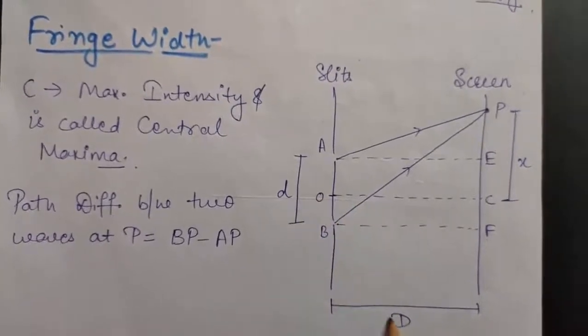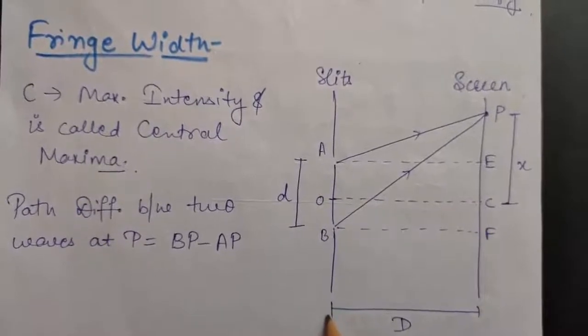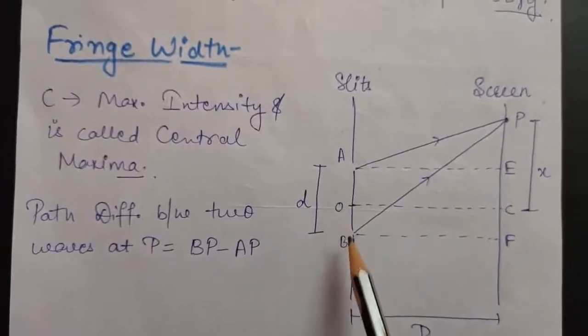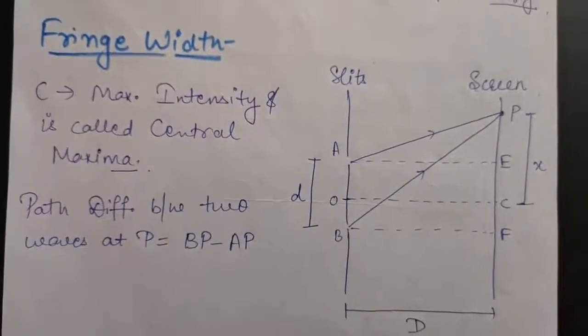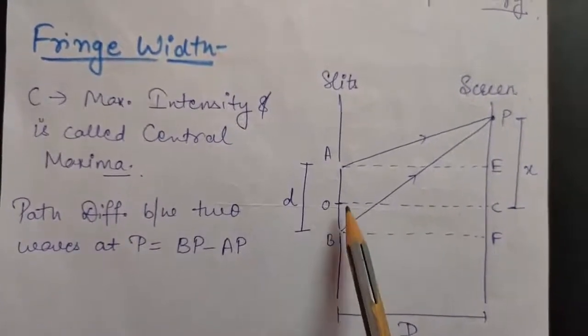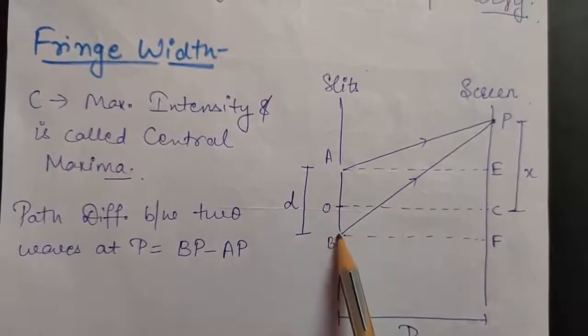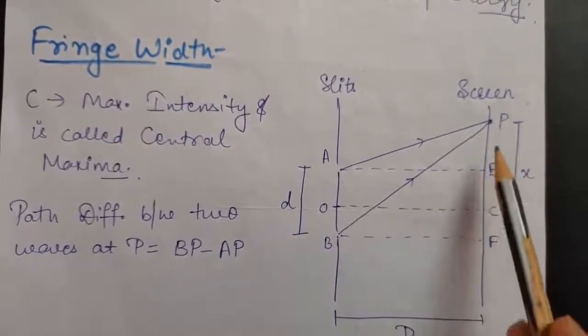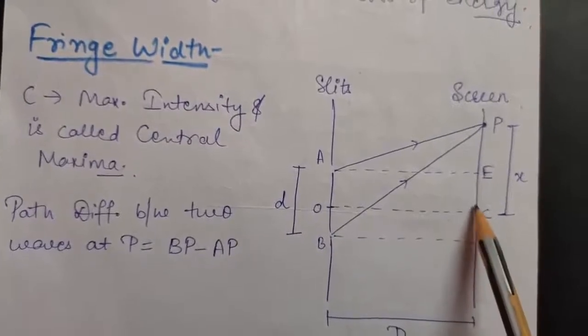So remember this, that capital D is the distance between slits and the screen, and small d is the distance between the slits. Now this O is the midpoint of AB. After that we have just drawn a perpendicular OC on the screen, so this will be perpendicular.